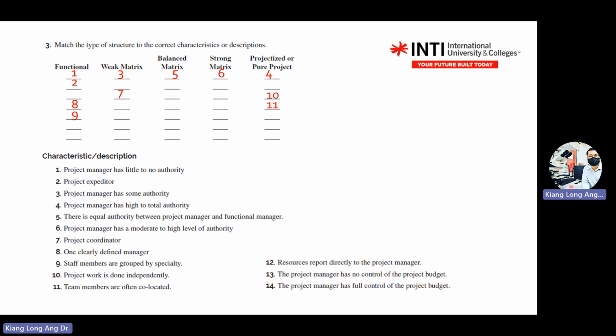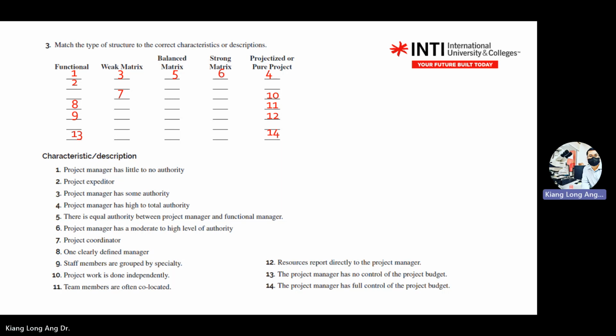Team members are often co-located, meaning they share the same office. Number 12, resources report directly to the project manager. This one is under pure projects. Number 13, the project manager has no control over the project budget. Functional, very good. Where the project manager has full control, check.